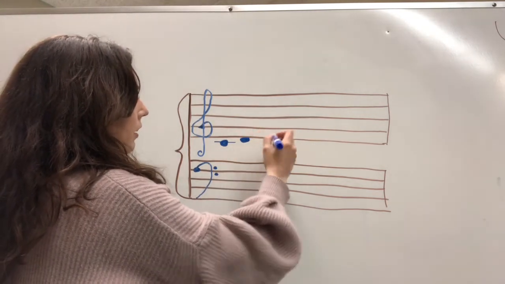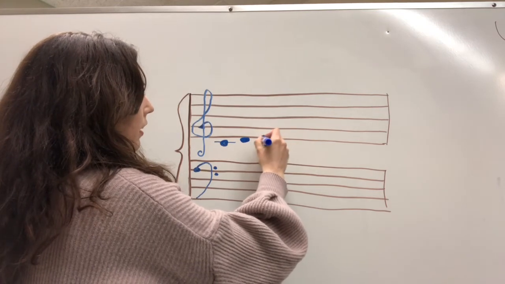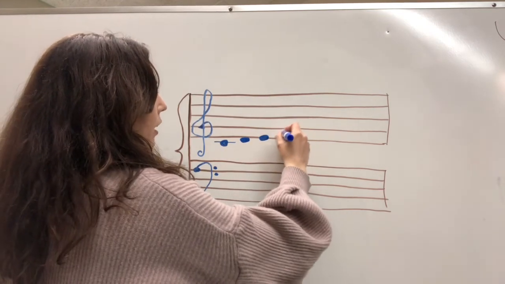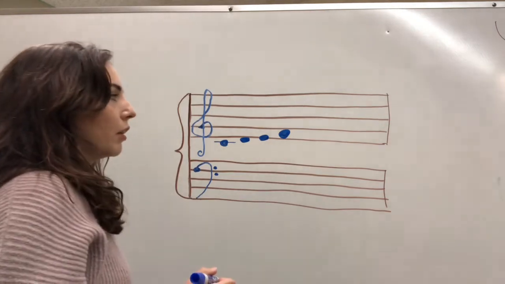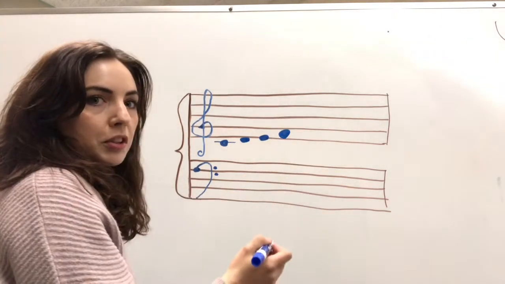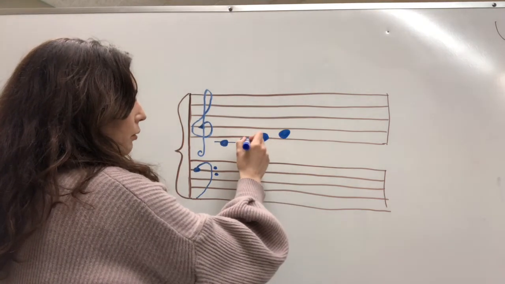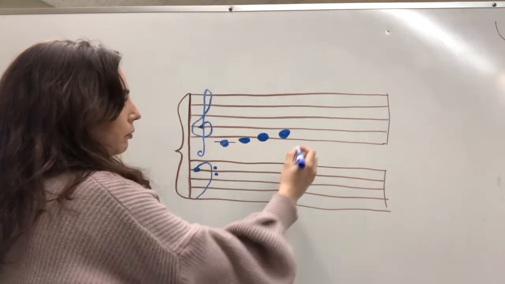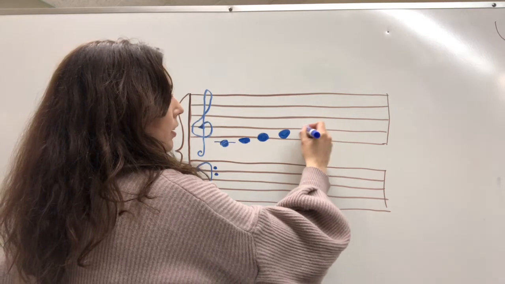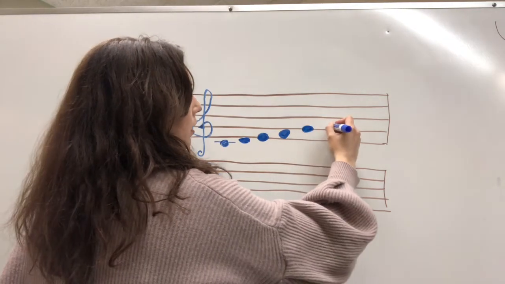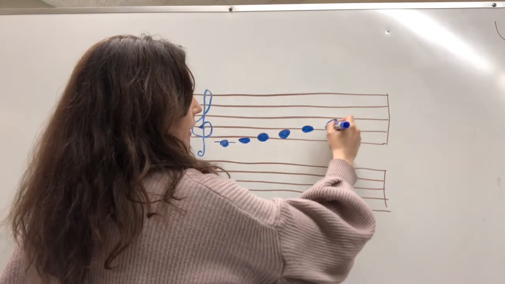Put D, E, F, and remember when we make notes, they're going to fill up the whole space. Or if they're on the line, we want the line to go kind of right in the middle of the note. F, G, oh, this is a big space.